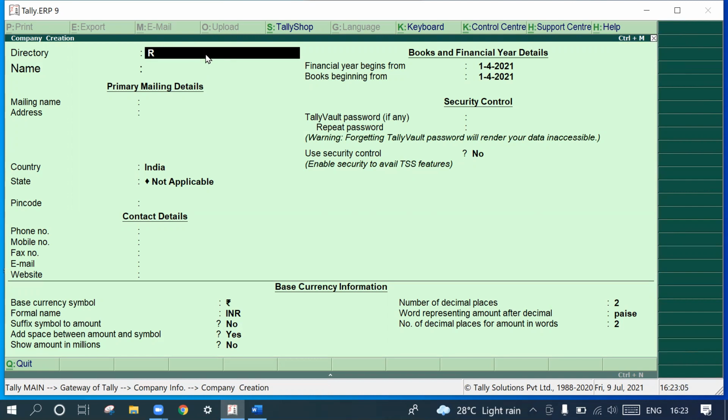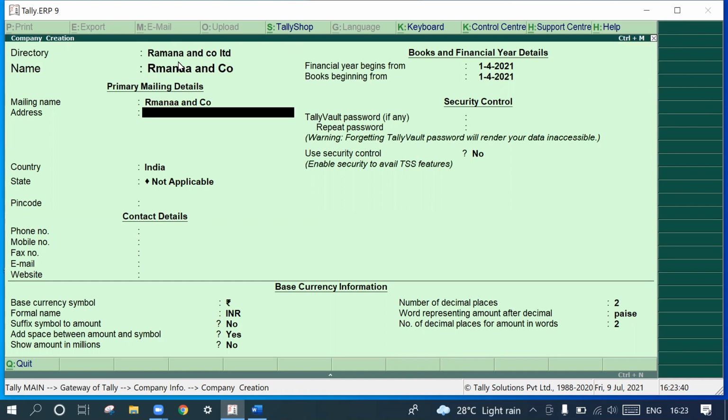We have to write again the Ramana and Company Limited. Again, I am writing the company's name. Yes.